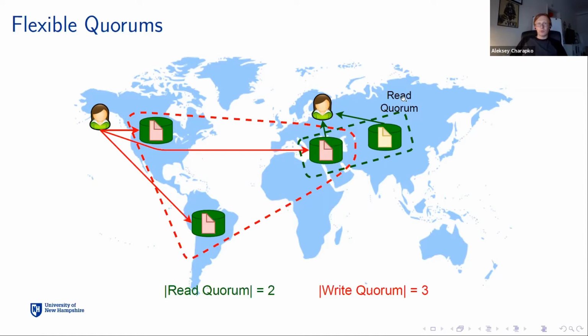So I can add more storage sites close to my other users in such a way that maybe I can form a read quorum out of the storage sites that are relatively close to this user, so that everyone is happy with their read performance, right? And this is essentially how Pando works.